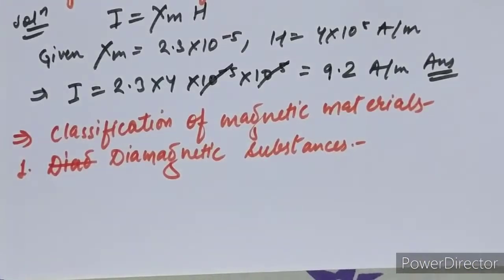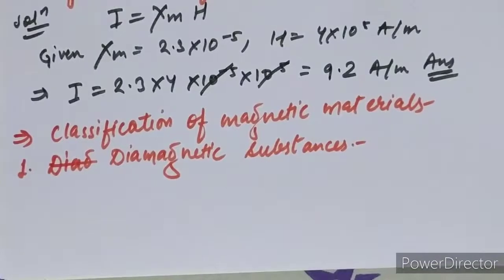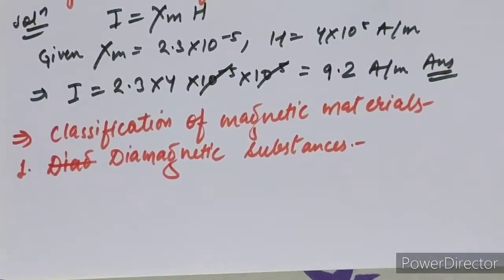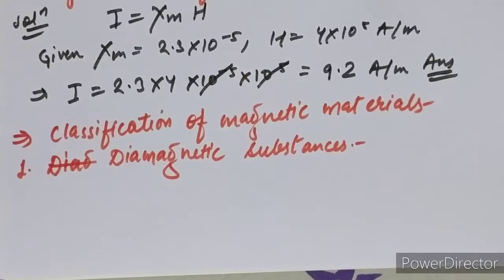Diamagnetic substances. If such a material is placed in a non-uniform external magnetic field, it moves from the strong field to the weak field, or is pushed out by the field. They acquire a net non-zero magnetization which is opposite to the applied field.